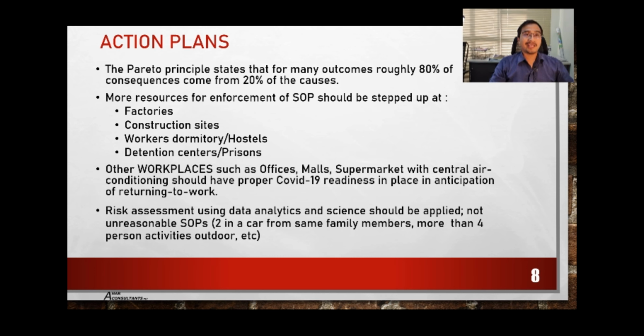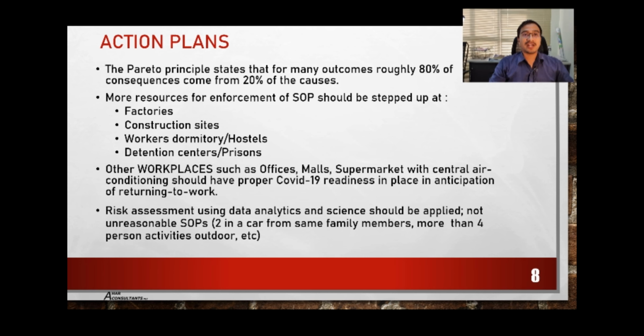Big data and data analytics will help us to determine the cause of the infection. From there, we can evaluate based on science for the action to be taken. These steps would help us to determine the best and most effective actions to curb the infection rather than creating unreasonable SOPs without any scientific evidence.